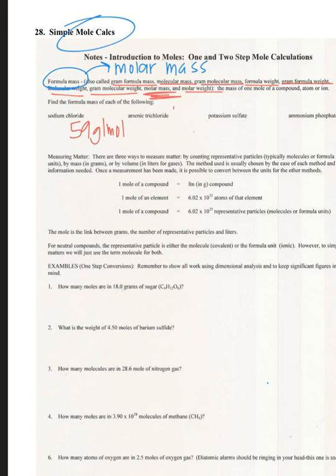So let's write that formula out. Okay, and I don't know the mass of arsenic off the top of my head, but I do have this written down. So again, what I'm doing is I'm taking the mass of arsenic, and then I have 3 chlorines. So I know chlorine's 35, and I multiply it by 3, and then add it to the mass of arsenic, which gives me 183 grams per mole.